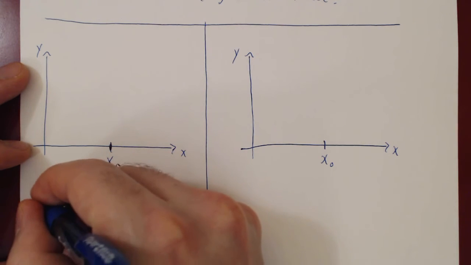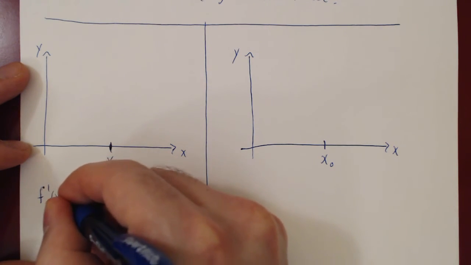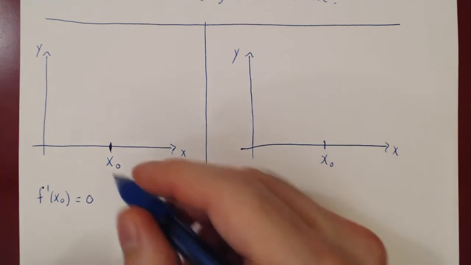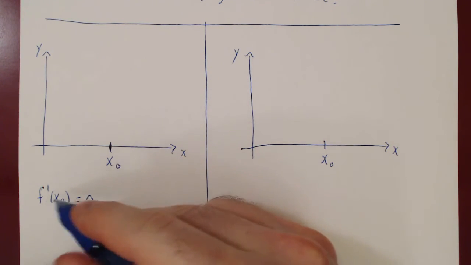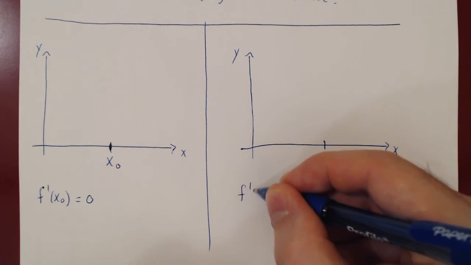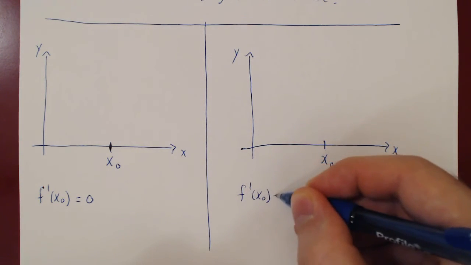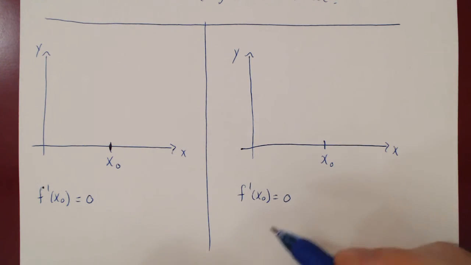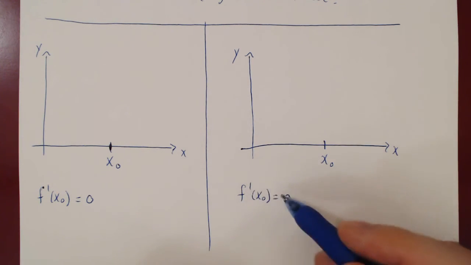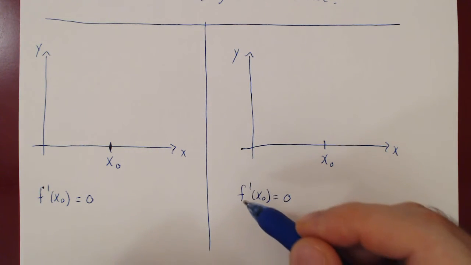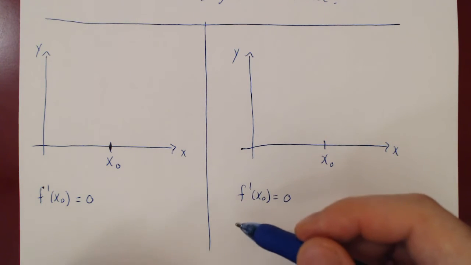Suppose that the first derivative at x0 is equal to 0, so that x0 is a critical point where the derivative vanishes. Same thing here. So x0 is in both cases a critical point, a point where the derivative is 0, therefore the tangent line is horizontal, therefore the curve is flat at this point.